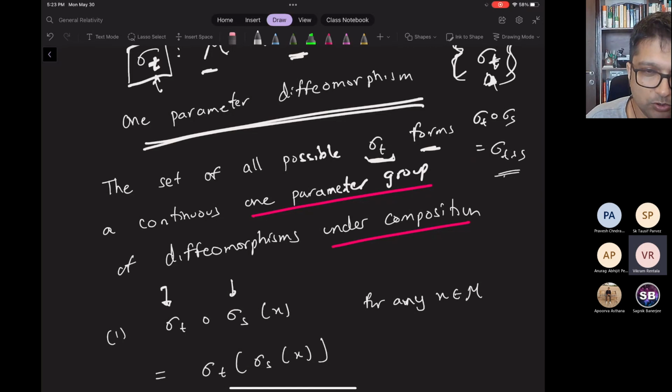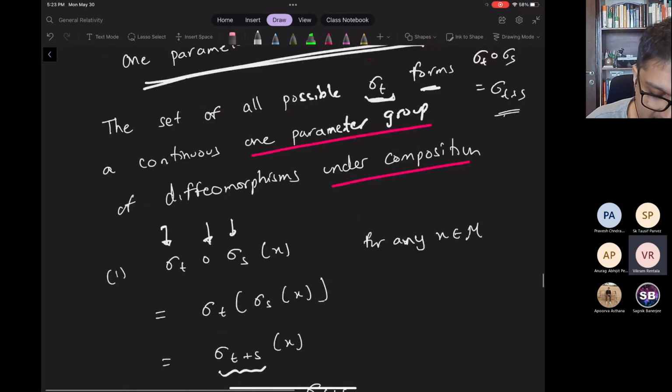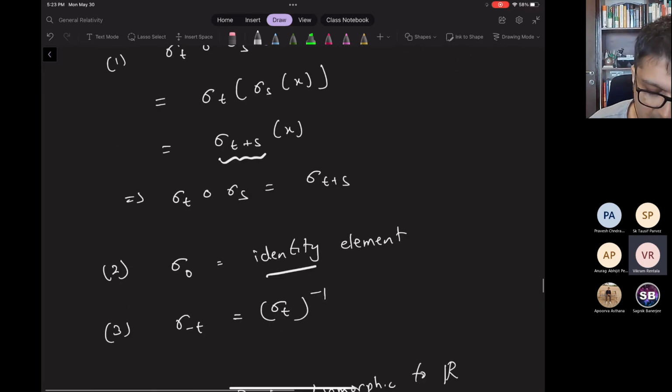So the set is closed under composition, which is one of the properties needed to define a group. The second is that sigma 0 composed with sigma s is just sigma s, so sigma 0 acts as the identity element of the group.